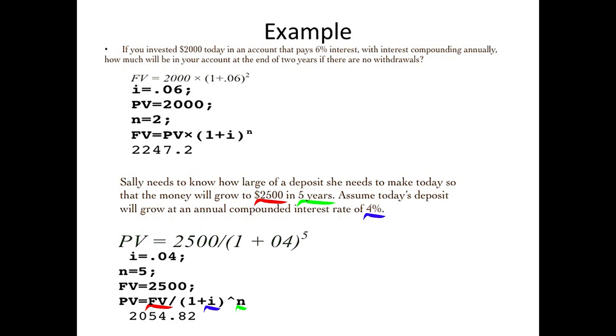And substituting it in the present value form of that equation that we discussed in an earlier video, you can see that it's simply present value equals future value divided by 1 plus I raised to the power n, and you substitute in all the values. The only unknown in that equation is that present value, which we need to solve for. And when you do that, if my math is correct, the answer should be $2,054.82.